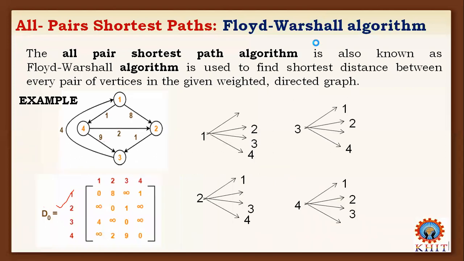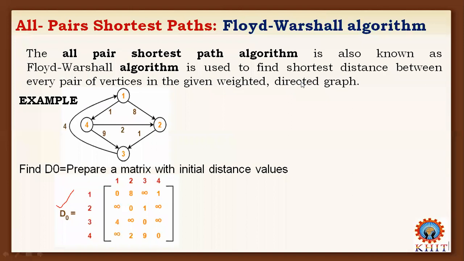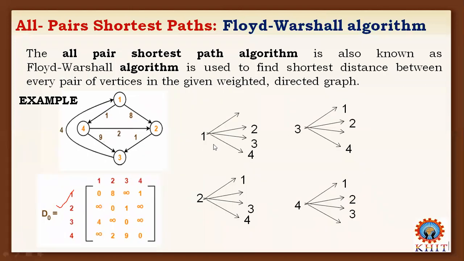Now, the second step. Next one is all pair shortest path. We need to find the distance from one pair of vertices to another pair of vertices. Here there are four vertices, namely vertex 1, vertex 2, vertex 3, and vertex 4.